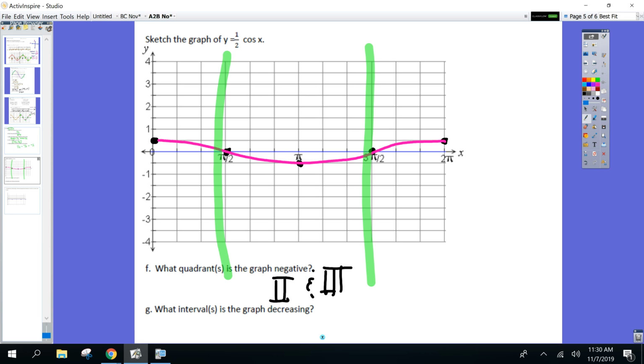All right, I just made a mess out of this, but where is this graph decreasing? Can you find first, before you give me the values, where it is decreasing? Ready? From here all the way down, right? It's decreasing there. So on the x-axis, that's from what to what?